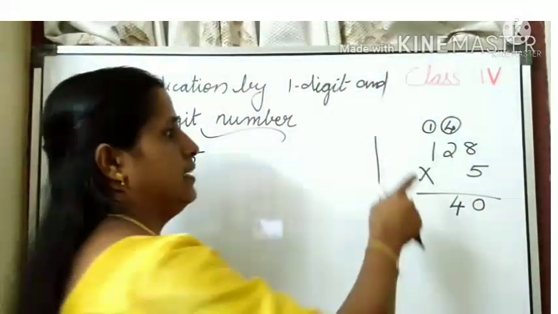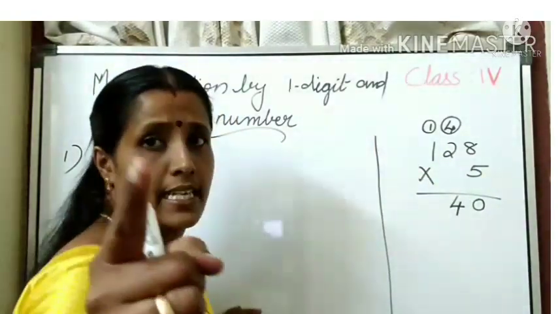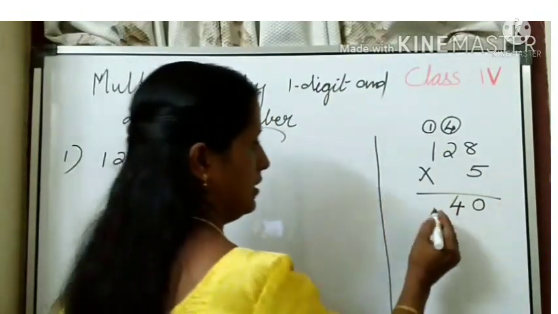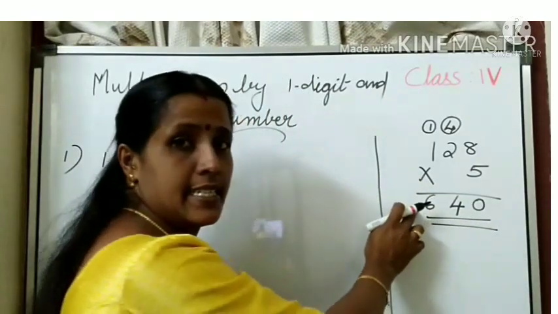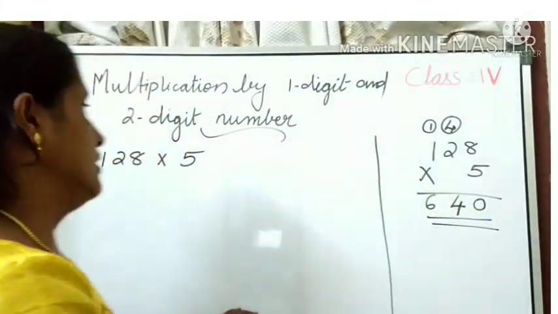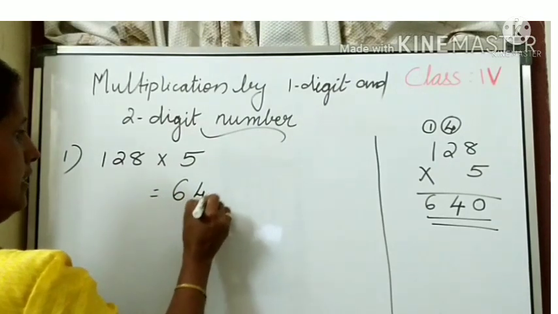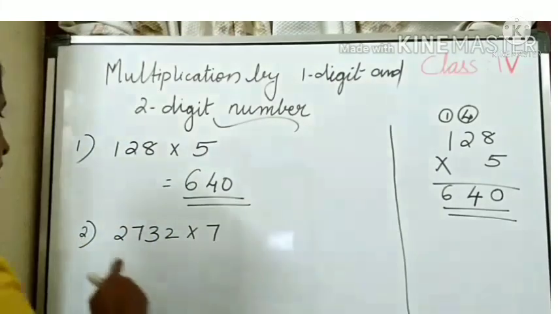Okay, next multiply with the 100 place. 1 into 5, yes, 5. 5 plus 1, 6. So what is the answer? 640. So the product is 640.